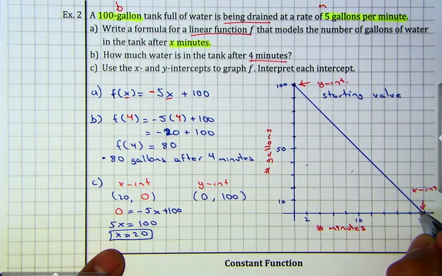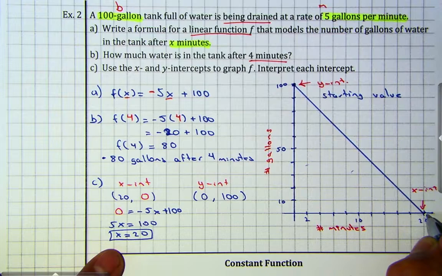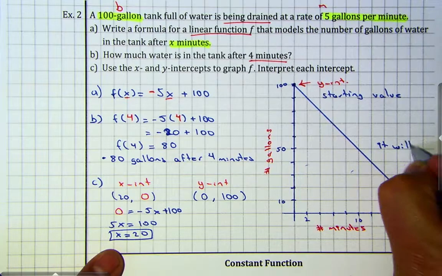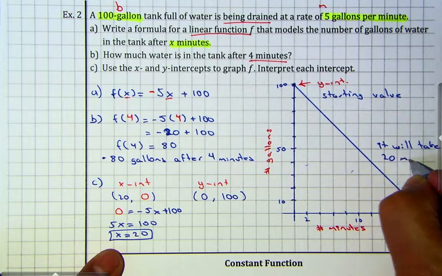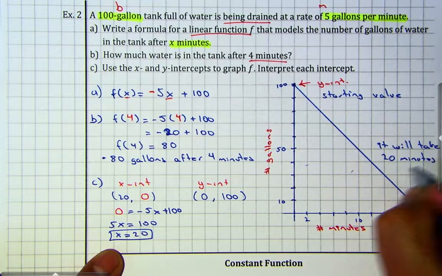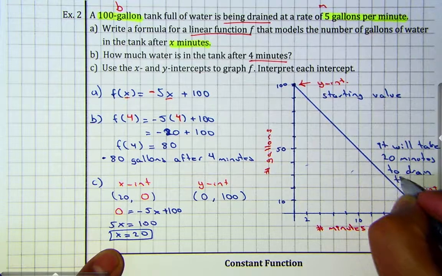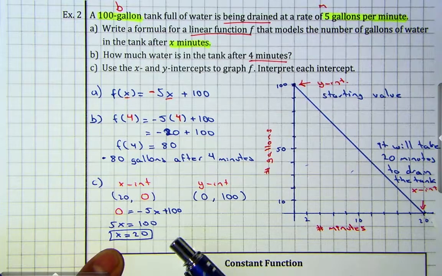Your x-intercept corresponds to how long it takes for the tank to be fully drained. So it will take 20 minutes to drain the tank, and that is your x-intercept.